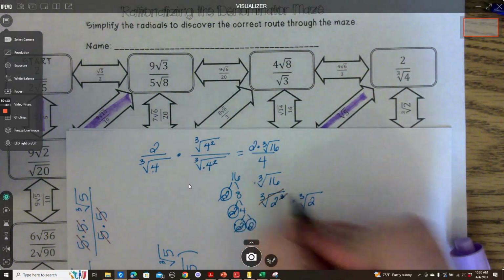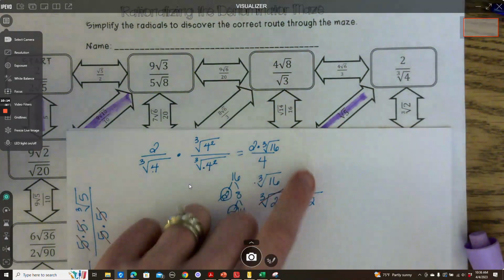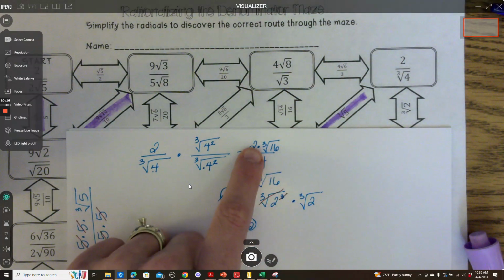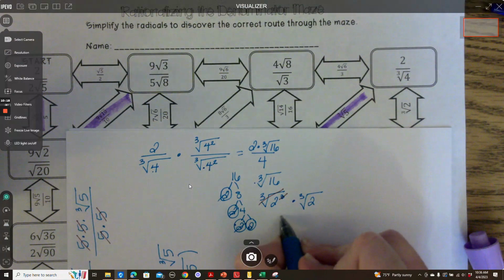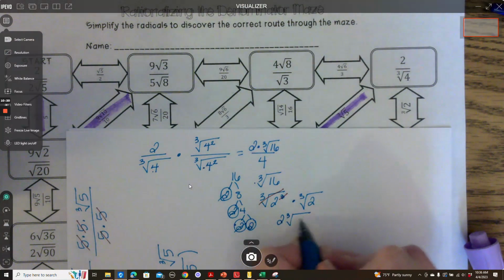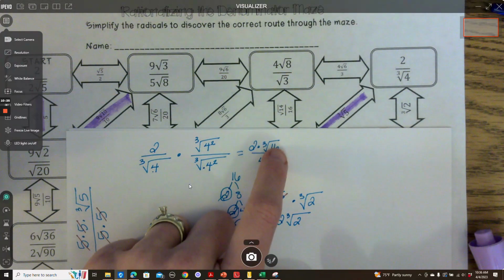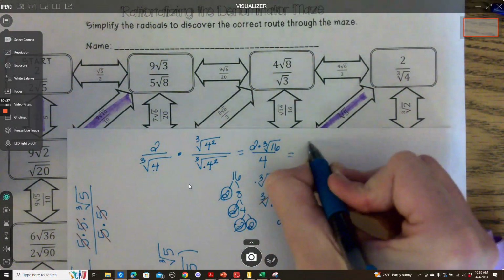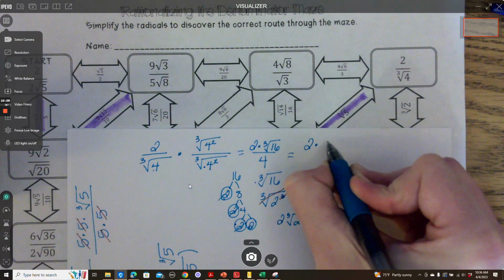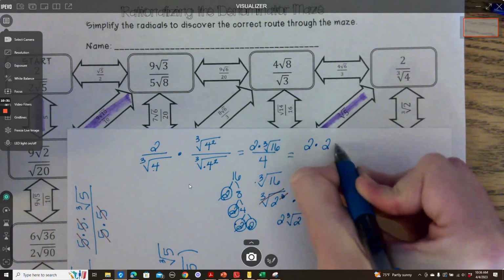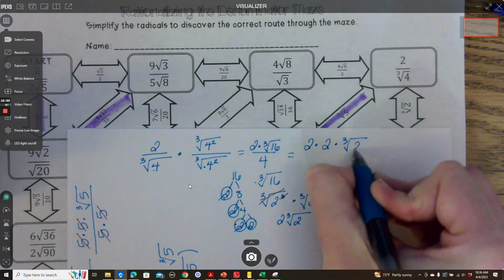This cancels this. I still have this 2 on the outside though. So this is 2 times the cube root of 2. That just replaces this. So now I've got 2 times 2 times the cube root of 2.